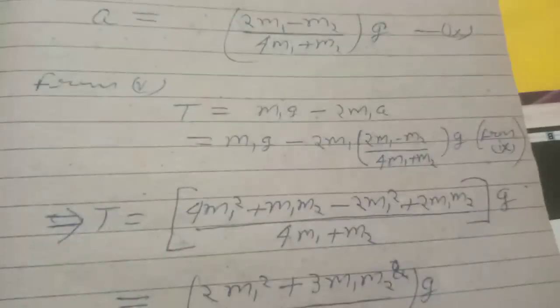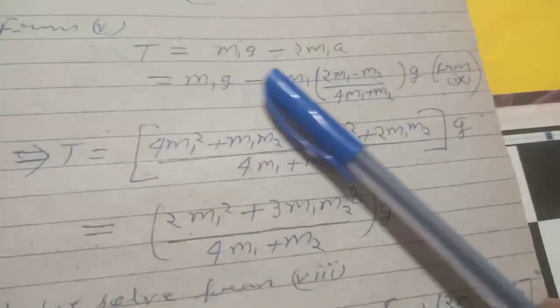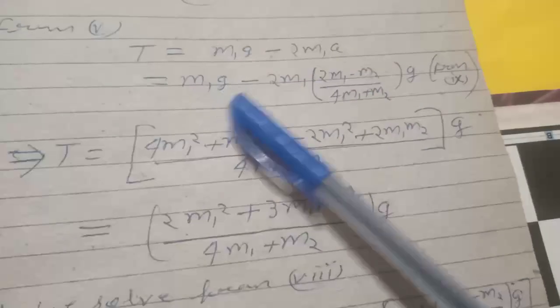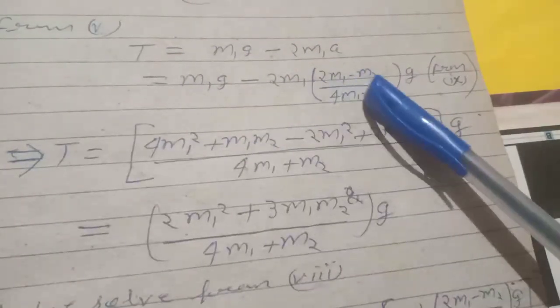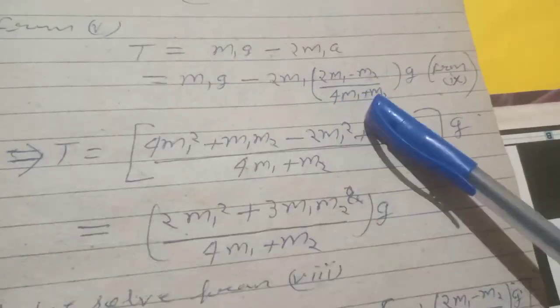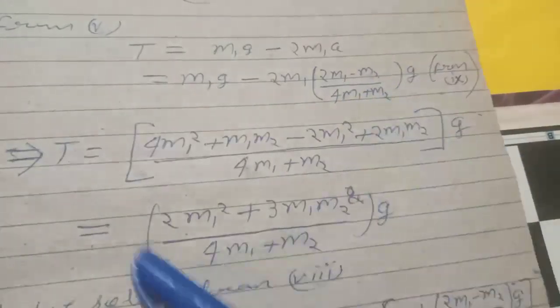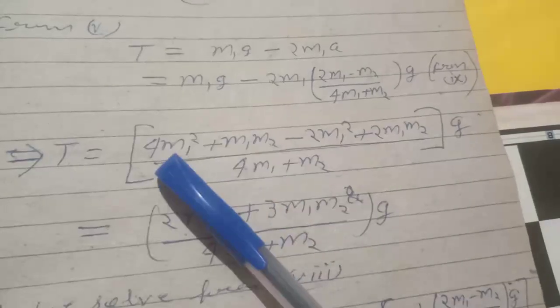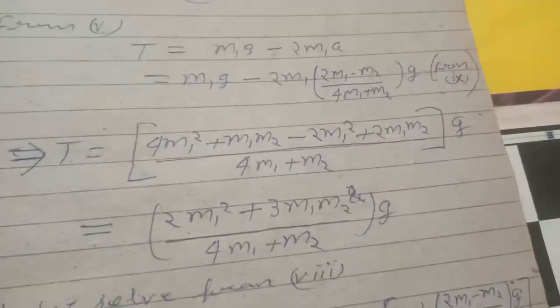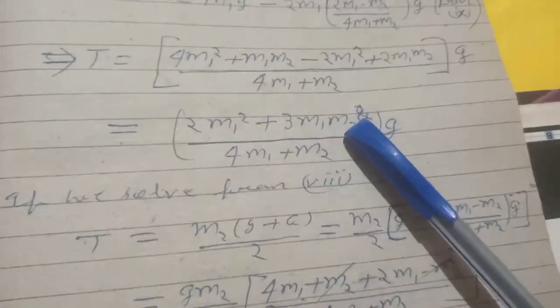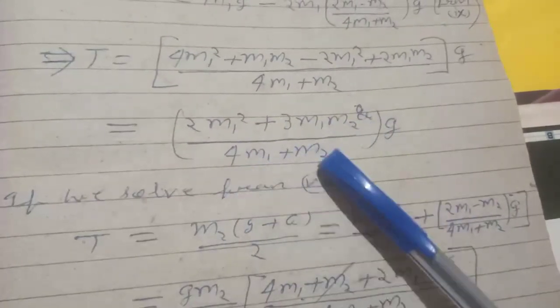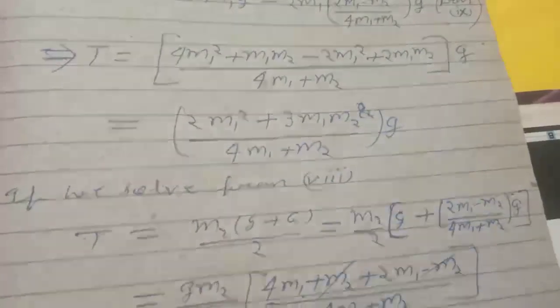Again from 5 we will get T equals m1g minus 2m1 into a, putting the value of a, (2m1 minus m2) divided by (4m1 plus m2) into g. Solving this, finally we get the value of T as (2m1 squared plus 3m1m2) divided by (4m1 plus m2) into g.